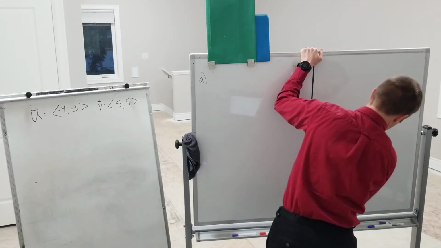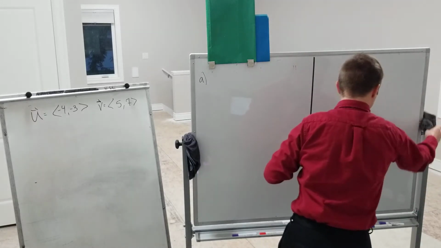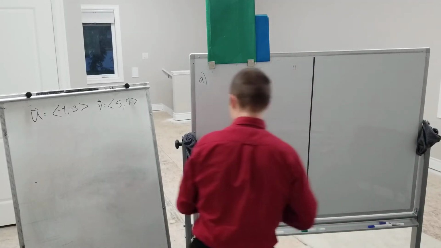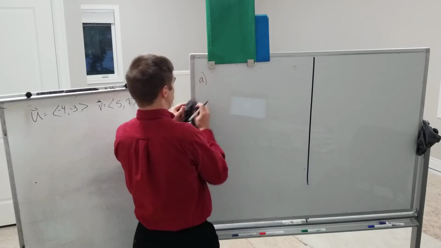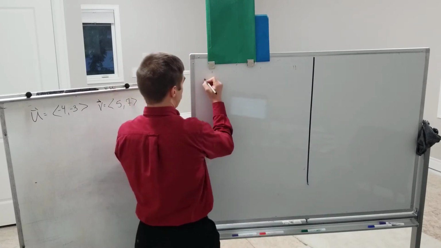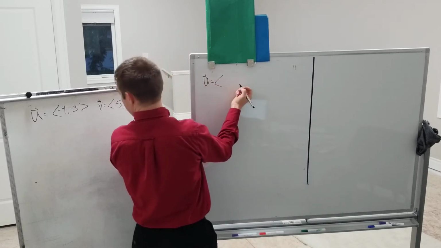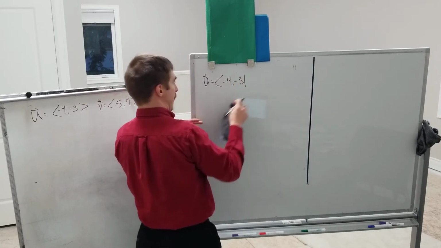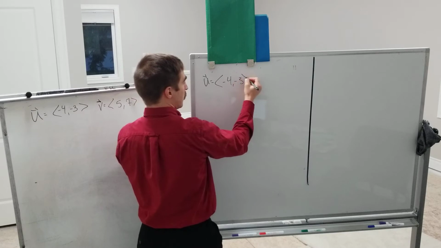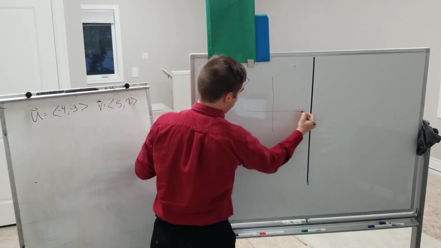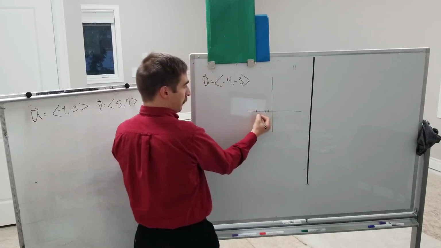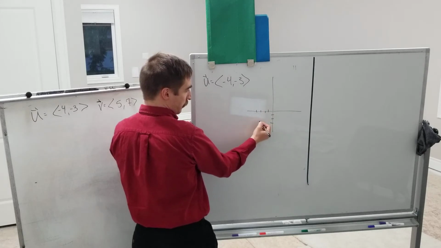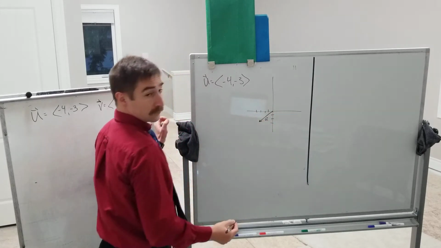Let me just sketch this out. u is -4, -3. And that's here. 1, 2, 3, 4. 1, 2, 3. That's vector u. Right?